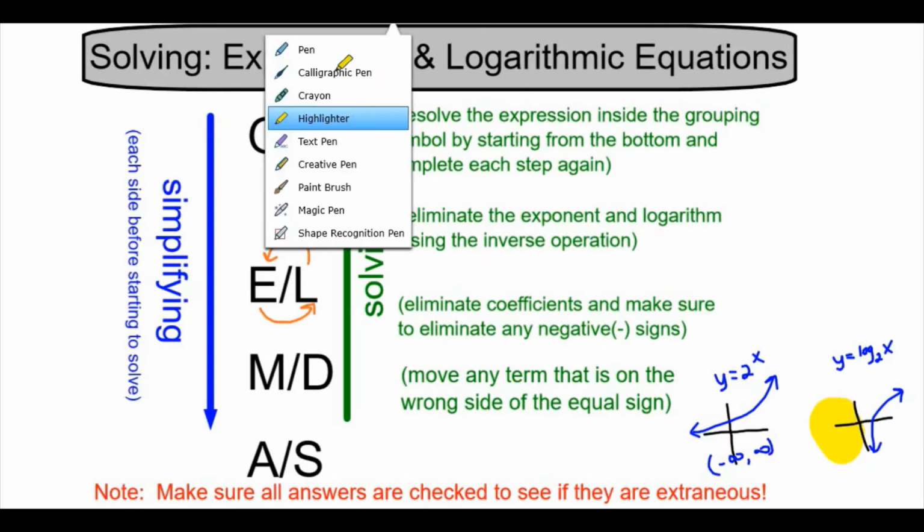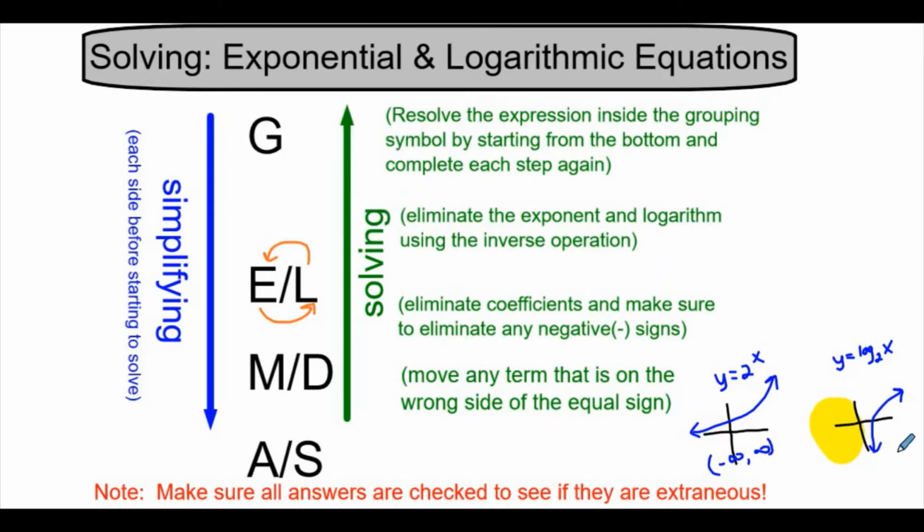In fact, the domain of all logarithms that have not been translated or transformed is 0, non-inclusive, to infinity. And we'll talk more about this, but this domain restriction of extraneous answers is extremely important for logarithms. For exponentials, there are some extraneous answers, but for logarithms, clearly half the graph is missing. So that's obviously going to be a bigger deal.